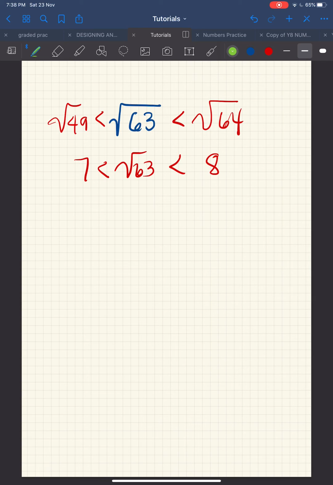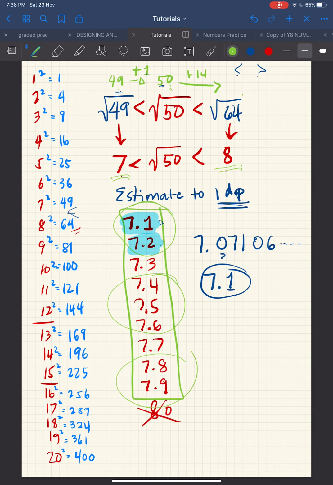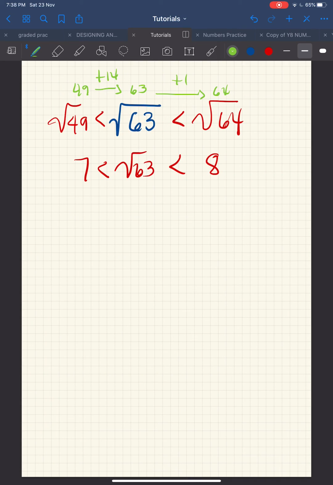But now look at this: 49 all the way to 63 is plus 14, and 63 to 64 is only plus 1. So if you look over here, 7.1 to 7.9, what would your estimate be?